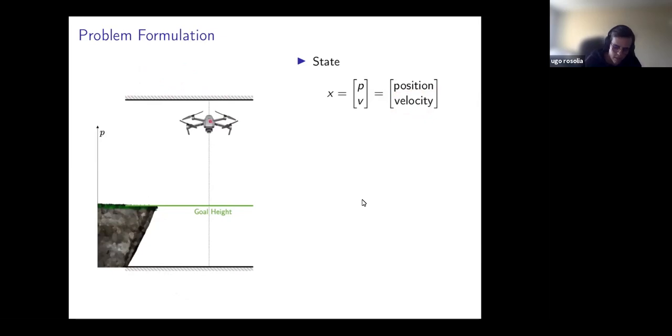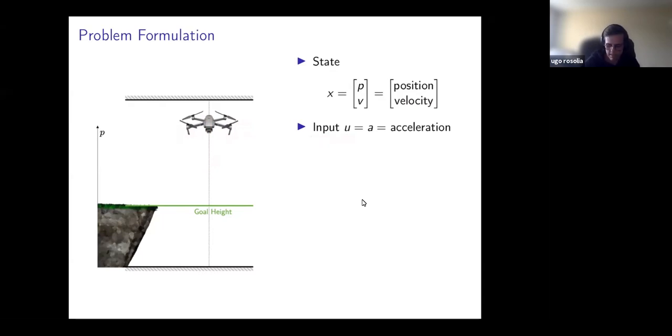And in this example, our goal is to design a controller that commands the acceleration that is given to the system. So our input u equals the acceleration. So here we are assuming that we have a low-level controller that, given our acceleration commands, decides how fast we have to spin the propellers of the drones.